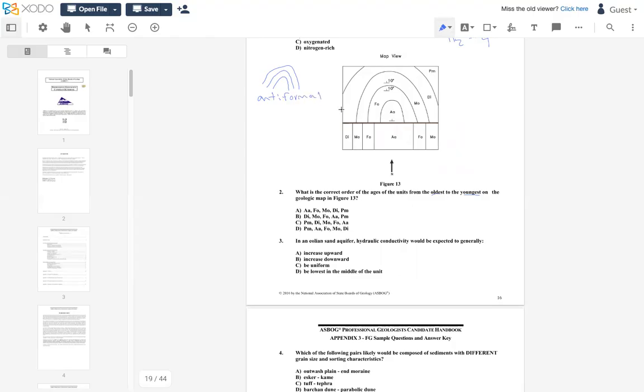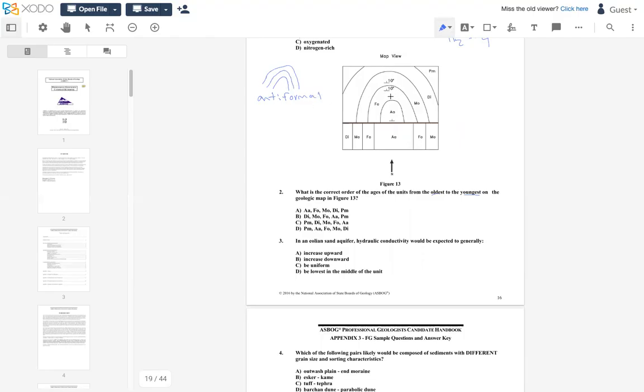That's not to be confused with an anticline, which says something about the ages. Right off the bat, we're being asked about the ages, so we don't have any information to confidently say this is an anticline, but we can say it is making this convex up shape that's characteristic of an anticline, or an antiform.